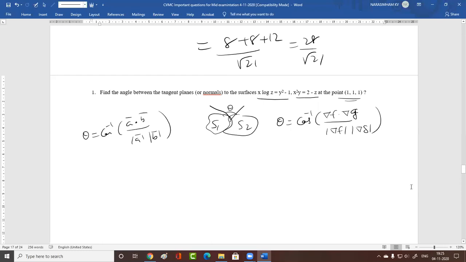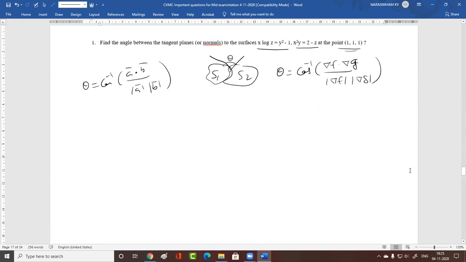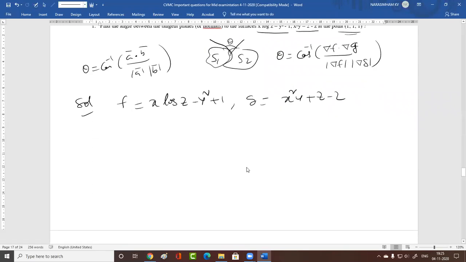So first we will find, F equals x log z minus y square plus 1. In the similar way, g equals x square y plus z minus 2. Okay, now we will find both gradients.